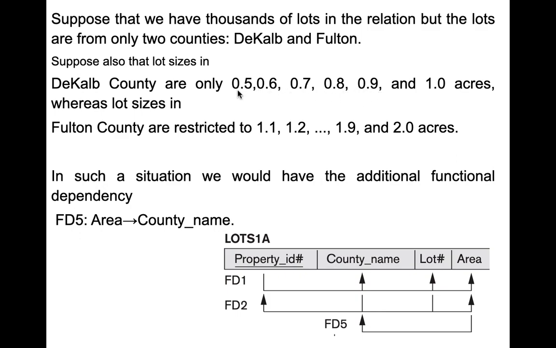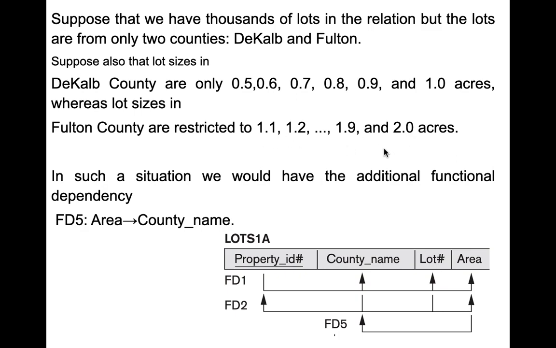They have to sell it like this. And if it is from Fulton, the property size is restricted to 1.1, 1.2, 1.3, and so on up to 2 acres. So 1.1 acres to 2 acres.